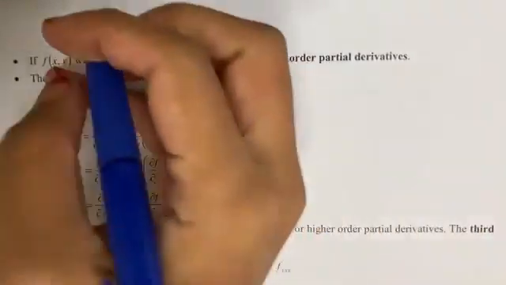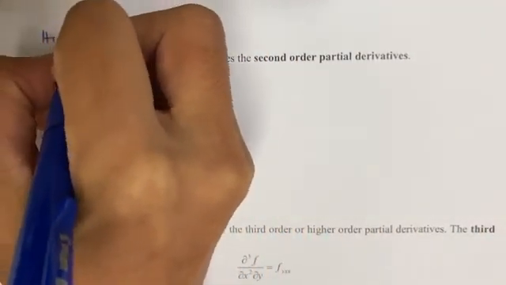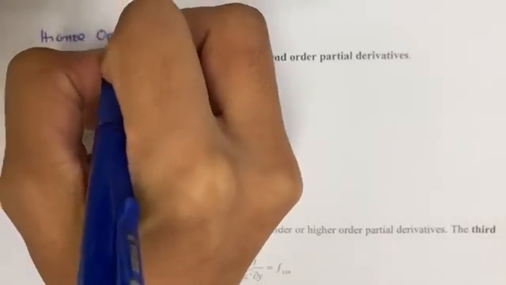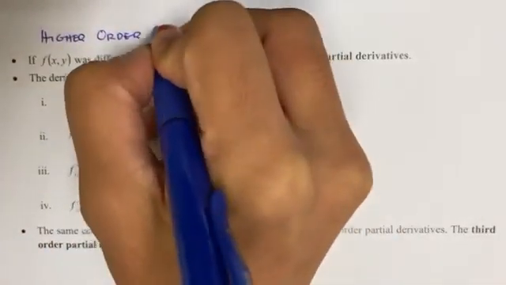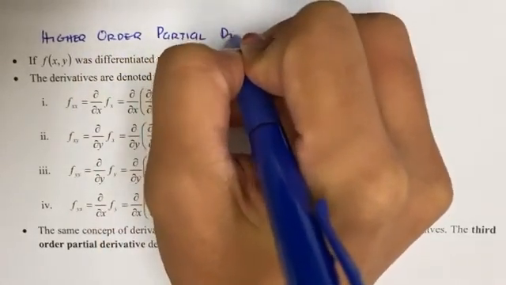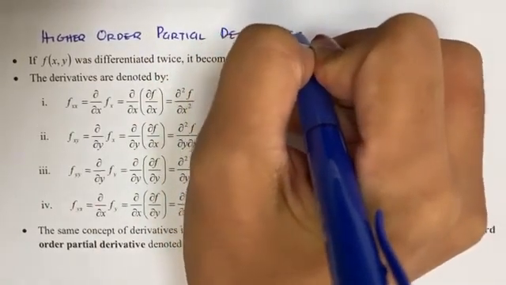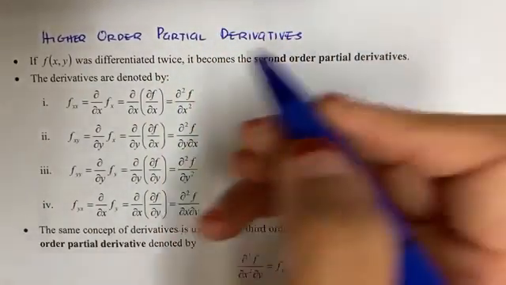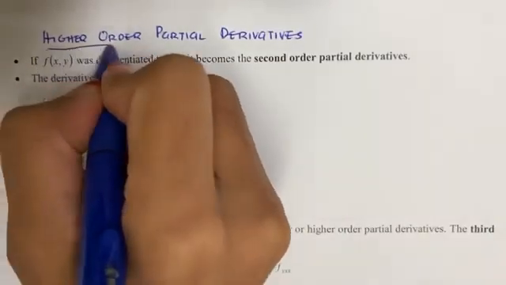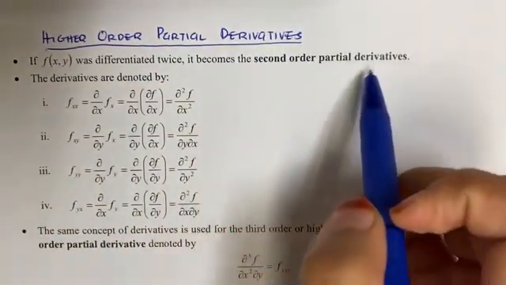This one is for higher order partial derivative. Okay. So if f(x,y) was differentiated twice, it becomes the second order partial derivative.